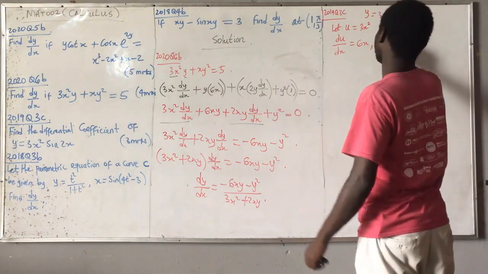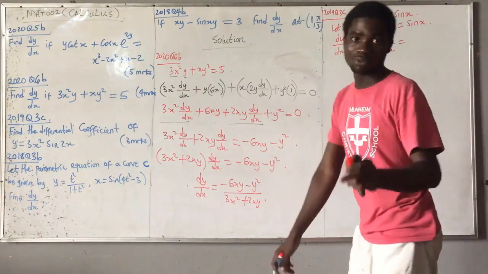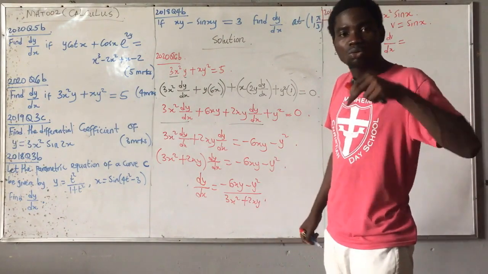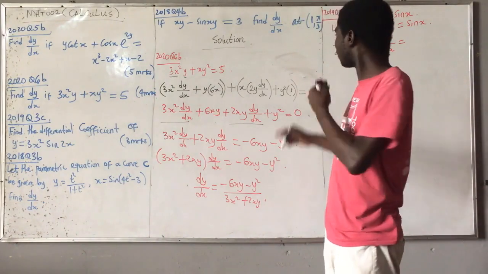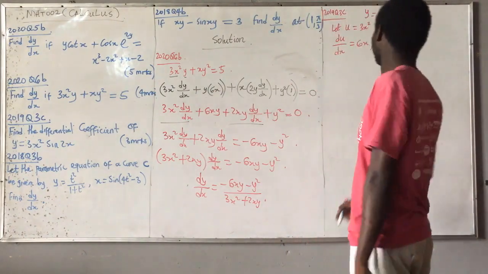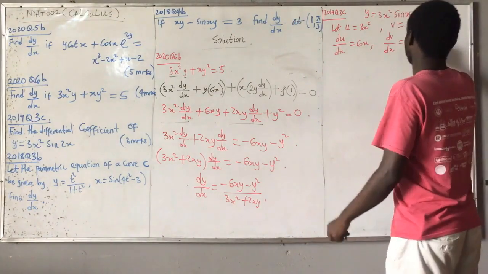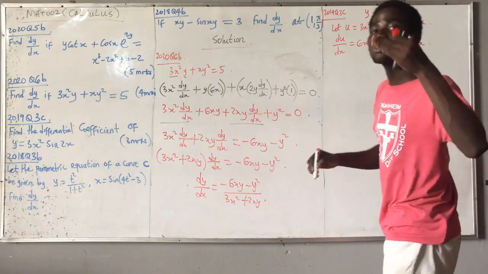6x. Now the dv/dx, and please, if you don't know how to differentiate very well, as I'm differentiating, be trying it on your own too. Follow what I have done, you will get it. Differentiate sin x, you have to remember now cos x. So what is product rule?